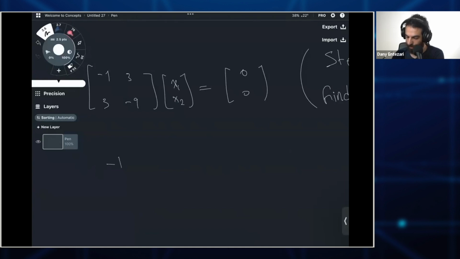So we have minus 1 x sub 1 plus 3 x sub 2 equals 0. Then in the second equation, 3 x sub 1 plus negative 9 x sub 2 equals 0.